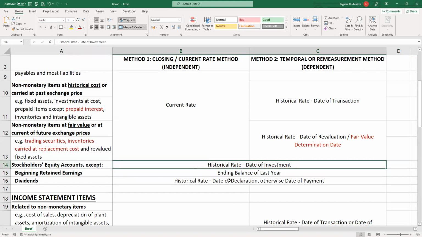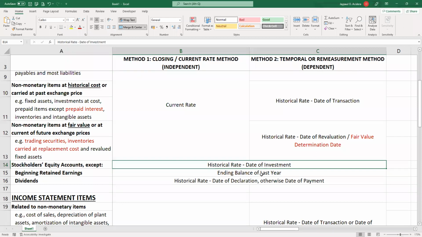Okay, they will be recorded or translated using the historical rate, which is the date of investment. Kung kailan ba na-invest or kailan nangyari yung equity transaction. Like kung nag-issue ka ng stocks, common stocks or ordinary shares, magkano yung rate nila during the date of investment.